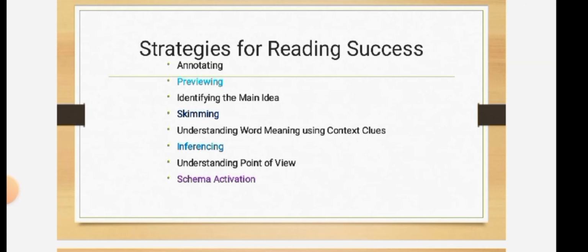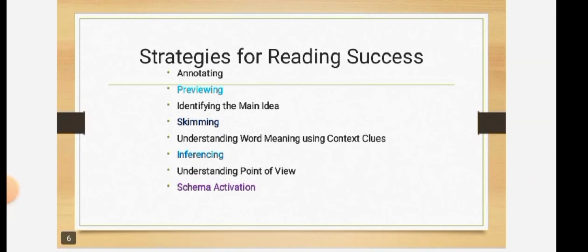This deepens your understanding and retention of the material. Previewing. Before diving in, skim the introduction, headings, conclusion. This gives you a roadmap or overview of the text, helping you understand the overall structure and main ideas. Identifying the main idea. Look for thesis statements, topic sentences in a paragraph, and recurring ideas to grasp the central message of the text. This focuses your attention on the most important information.